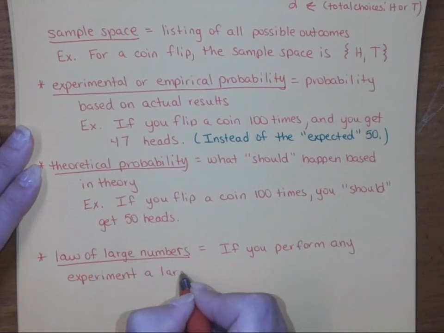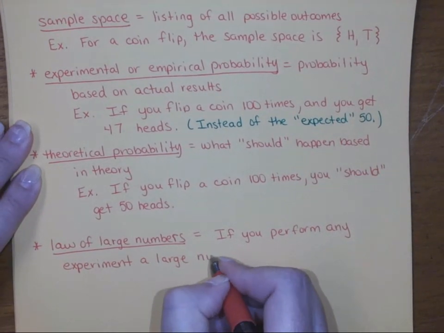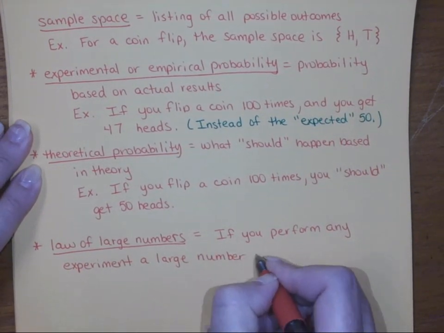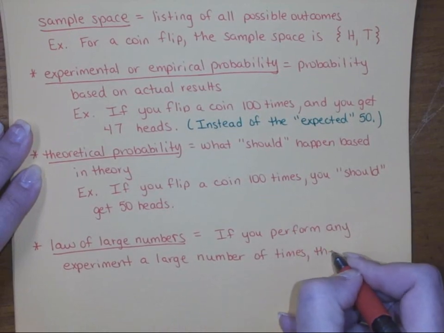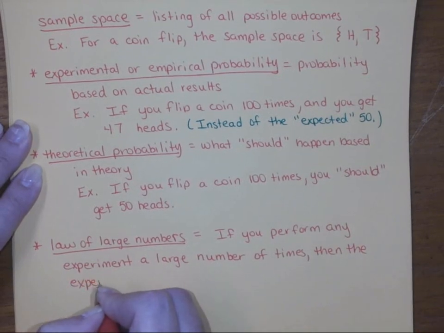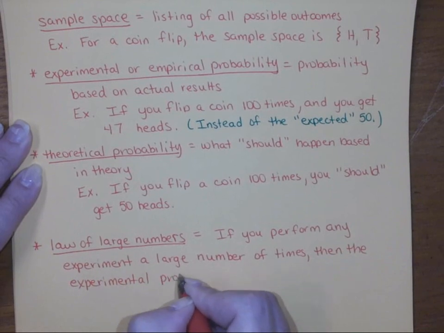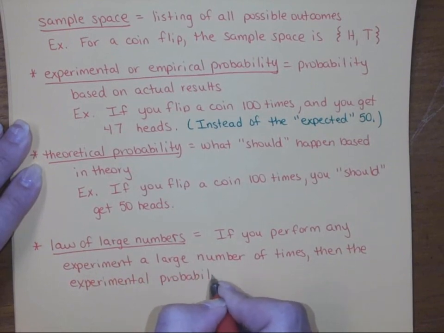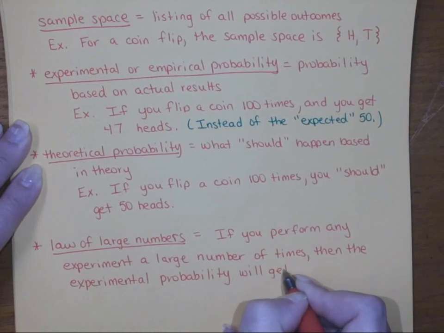It doesn't have to be something complicated. But if you perform any experiment a large number of times, then the experimental probability will get close to the theoretical probability.